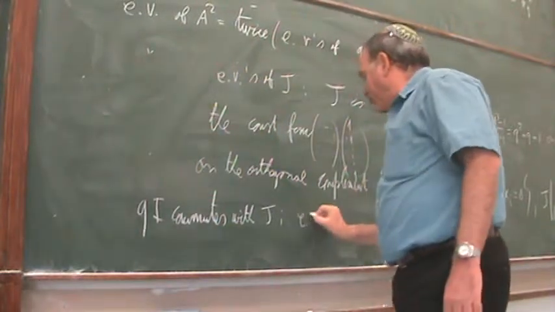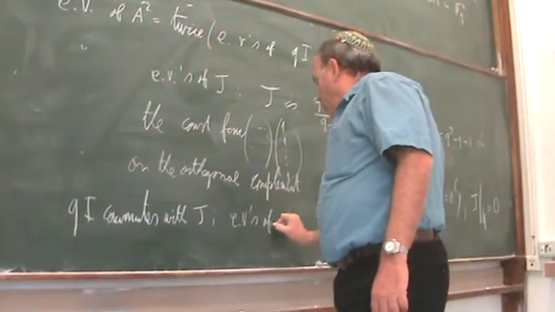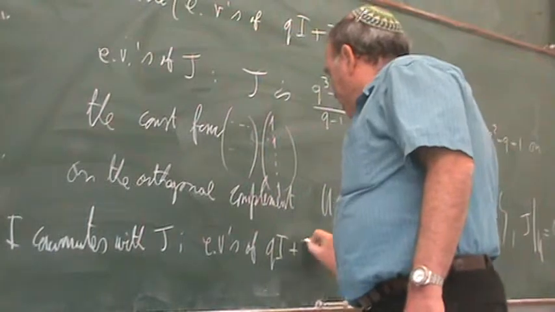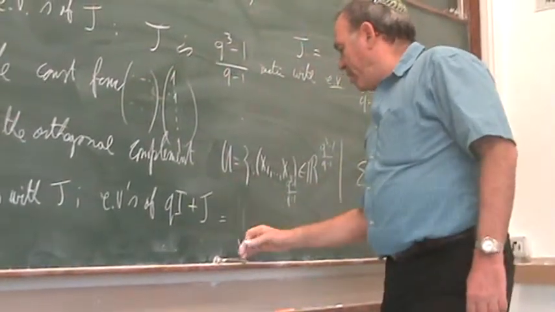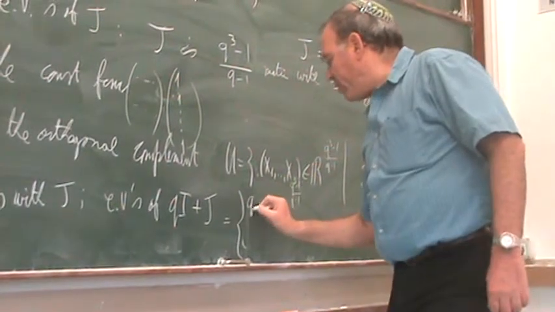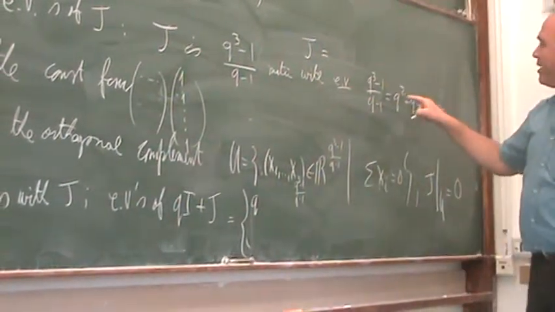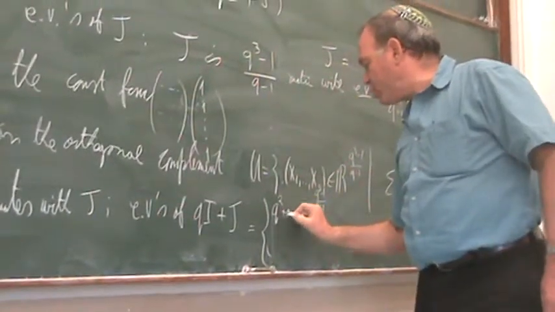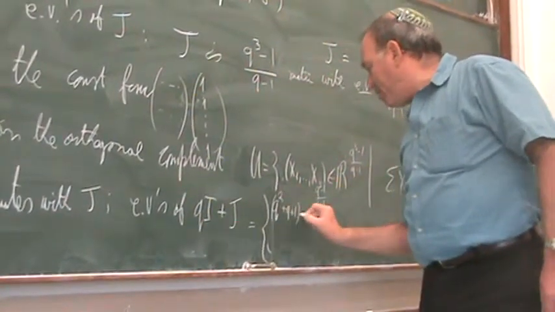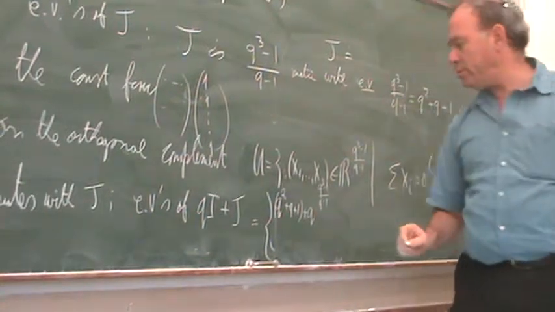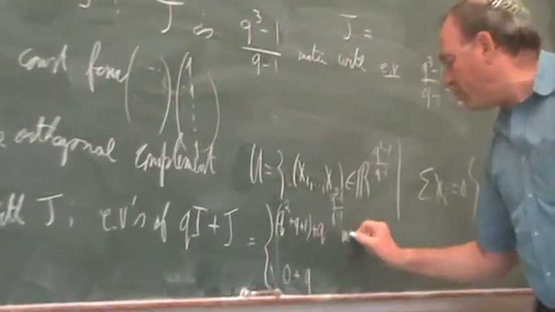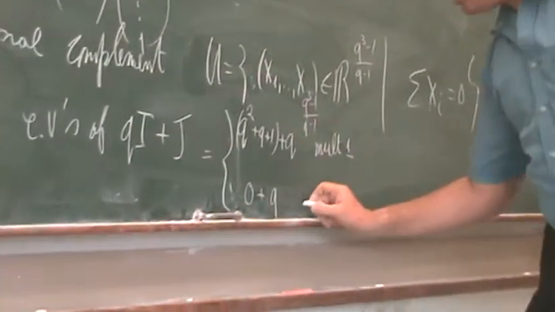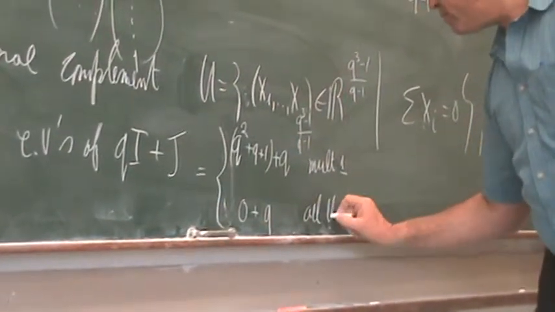The eigenvalues of Q I plus J are, well, we take the one eigenvalue of J, which is Q squared plus Q plus 1, plus Q, and here 0 plus Q. So this is with multiplicity 1, and this is all the rest.